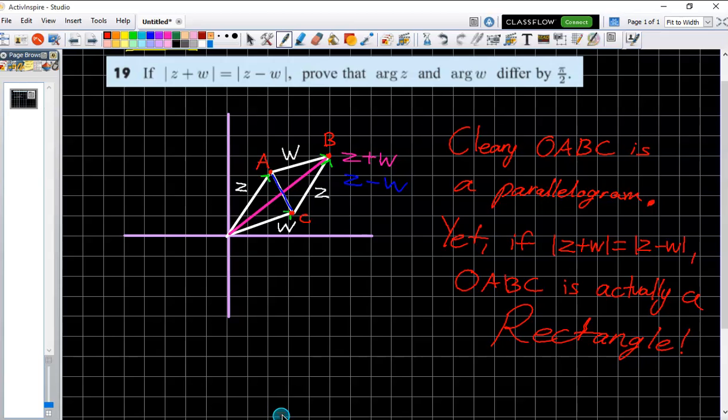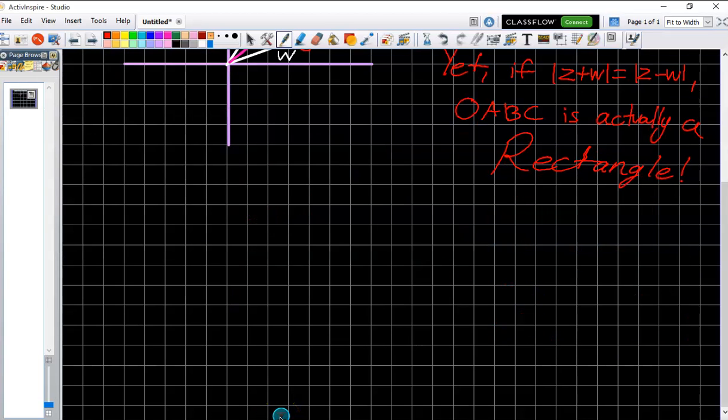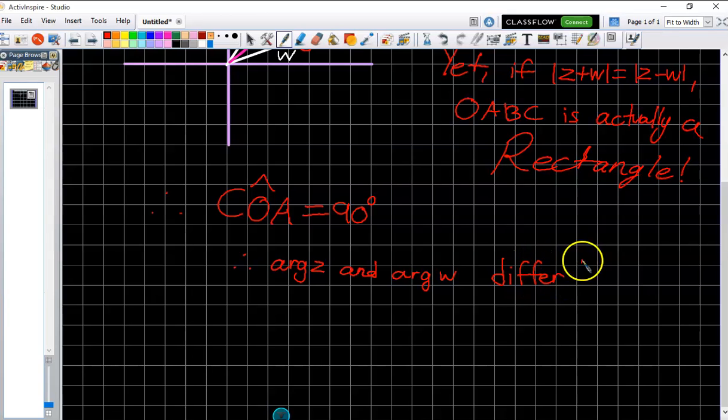Is a rectangle, and therefore angle COA actually equals 90 degrees, and therefore the argument of Z and the argument of W differ by pi on 2, because of the 90 degrees.